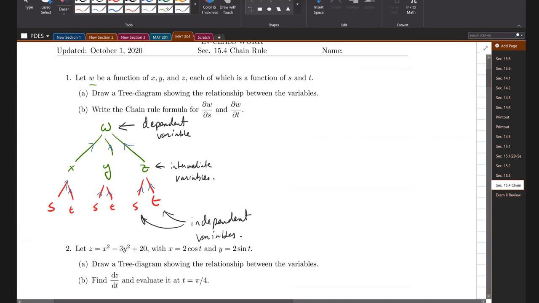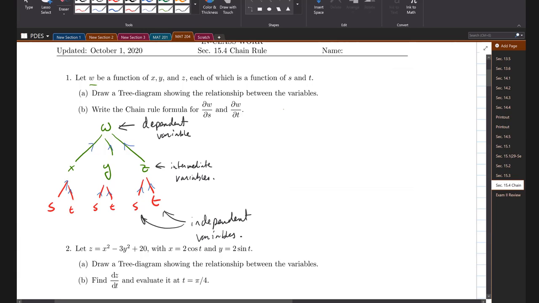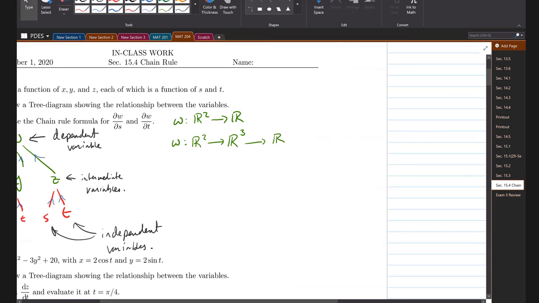So we could think of w as a function that maps from R2 to R. But really what we're doing, and I don't have names for these functions, that's okay, another way to think about it is w is going to go from R2, move those variables into R3, and then move that result into R. So let me just draw a quick little picture that goes with that.